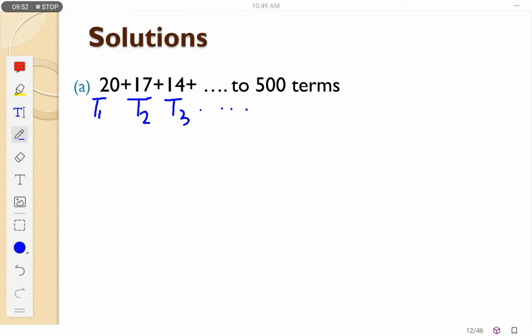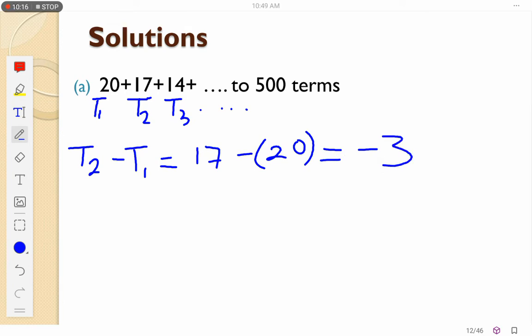Let me see. If I say term number 2 minus term number 1, what do I get? 17 minus 20, I will get minus 3. Let's go on to the next one. T3 minus T2 is equal to what?